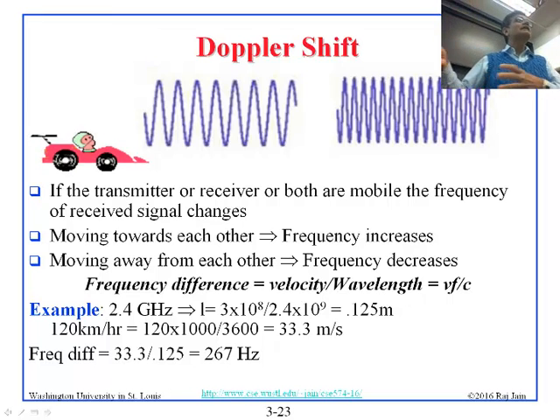On the other hand, if you are moving away from the source, you will get less cycles per second. Right? So the same sound will sound different, and then you will know whether the train is coming towards you or the train is going away from you. How do you know? Because the frequency changes. That is the Doppler shift.